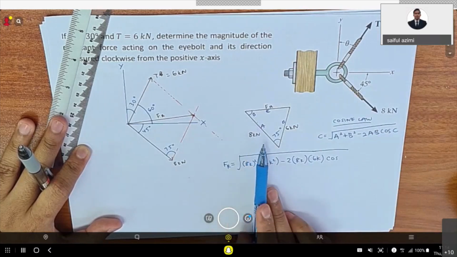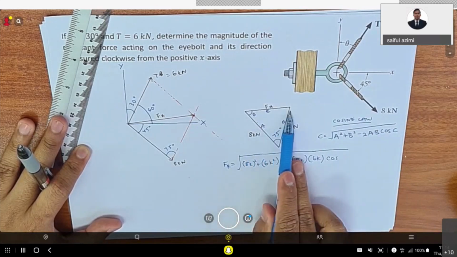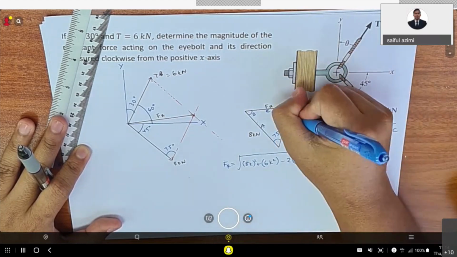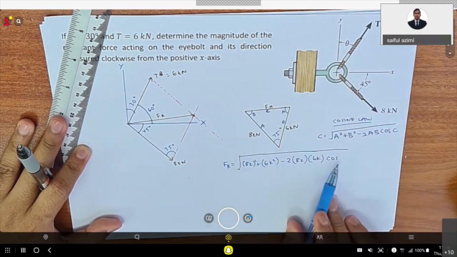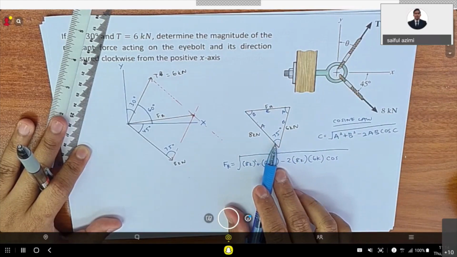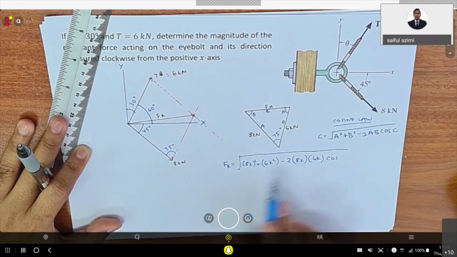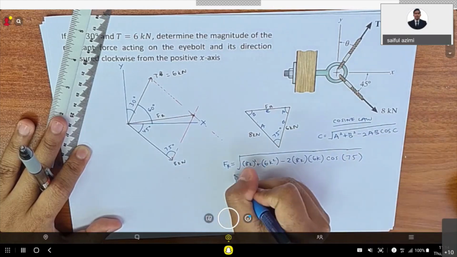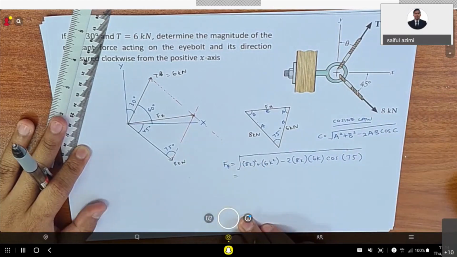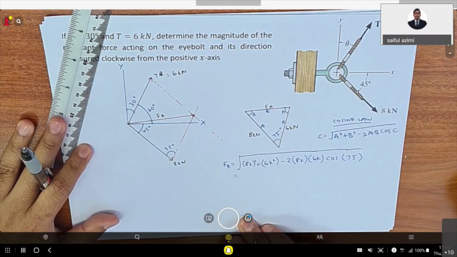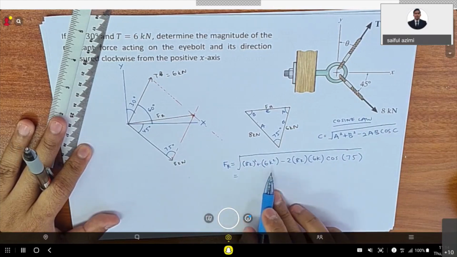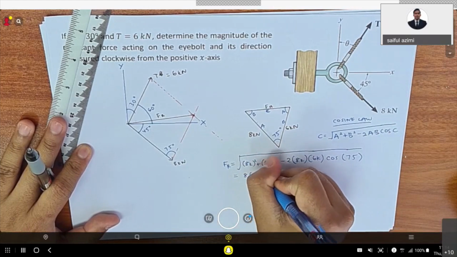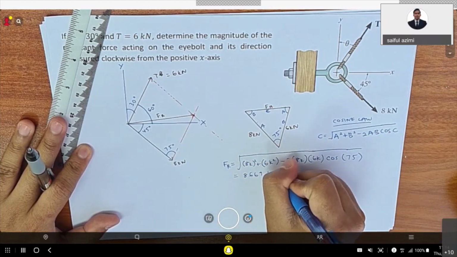This is segment A, so the angle A is here. It is opposite of the segment. For cos, we already found it last time: 75 degrees, so we just put 75. If you calculate, this value will become 8,669.10 newton.